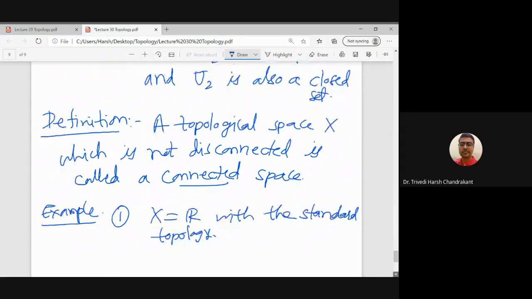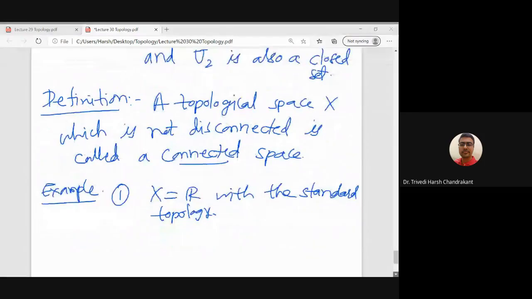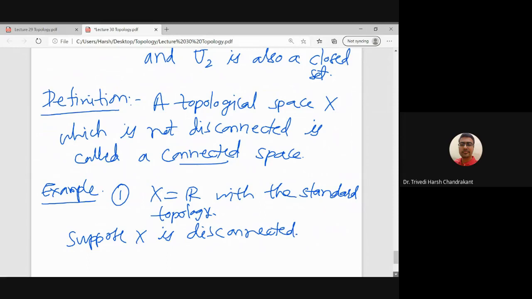First let us assume that X is not connected. So suppose X is disconnected.